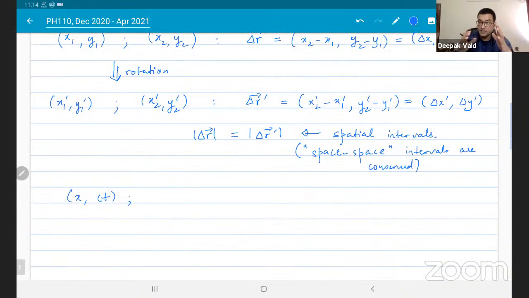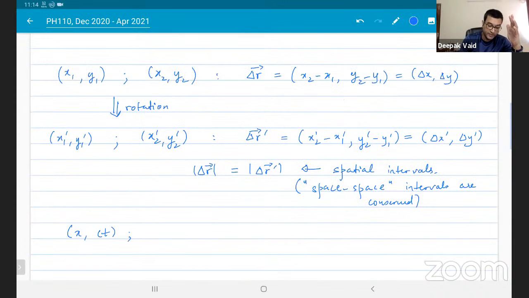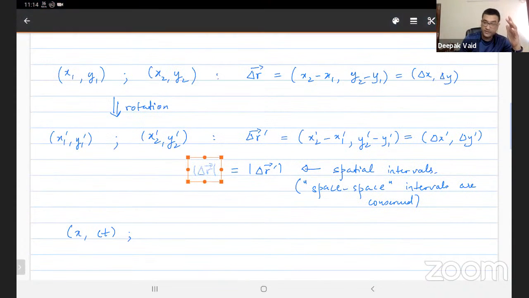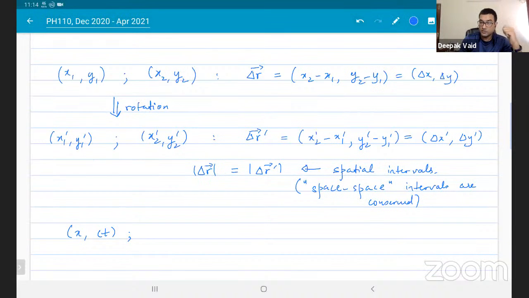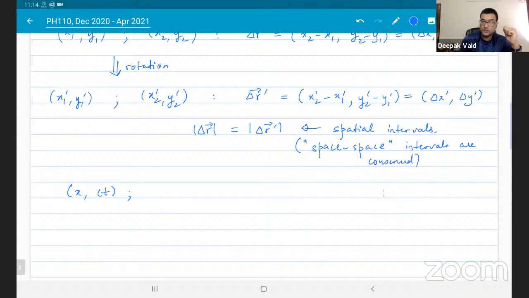And space-time is a geometry. It has a geometry just the way that space has geometry, right? Space has geometry because you can define this length, using the Pythagorean theorem. So the same way you can define a geometry on space-time also.